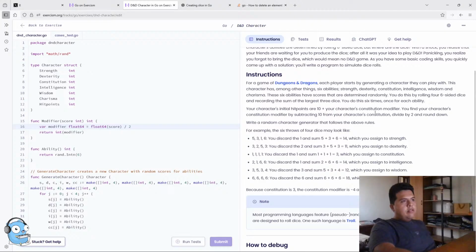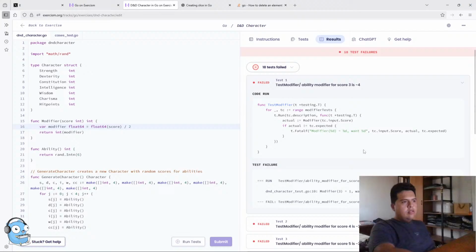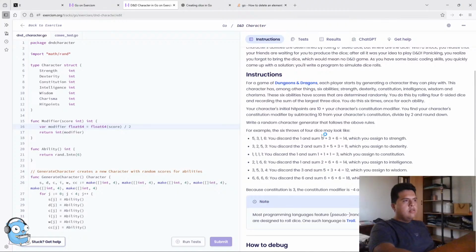Hit points after your character's use. You find your character's custom... wanted. Your character's initial hit points are 10. You find your character's constitution modifier by subtracting 10 from the character's constitution and dividing by 2.